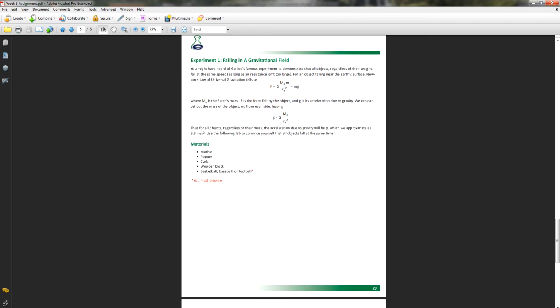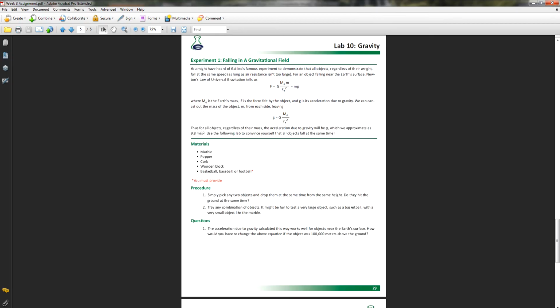Going back to the equation, in this equation you see the explanation of what these different parameters mean. M_E is Earth's mass, F is force, g is acceleration due to gravity. You can cancel out all this and then we'll come out, and here you are told the distance of the object above the ground is R. Please pay attention to that.